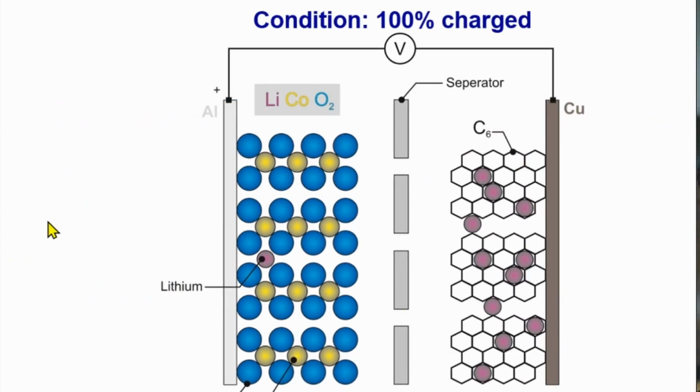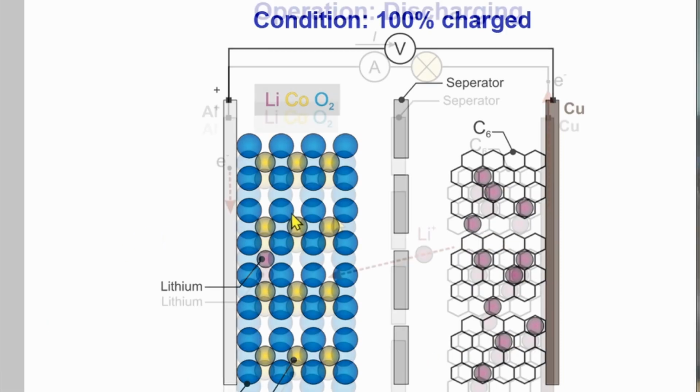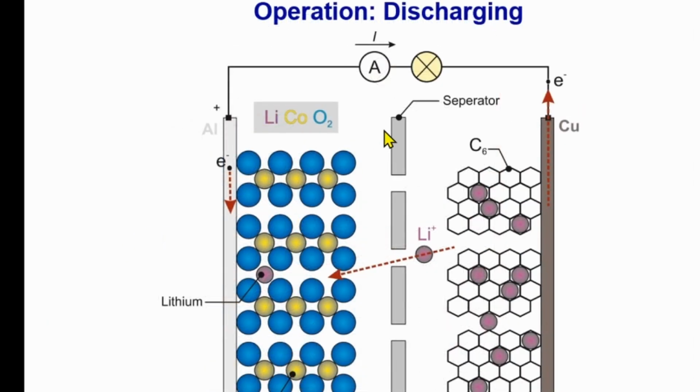Here we have now the condition of a 100% charged lithium-ion battery. There's almost no lithium anymore on the cathode, and here we have the stored lithium. The lithium atoms are no longer ions, they are in this carbon lattice. So we start to discharge now. We have a supply of electrons here, and they go in that direction.